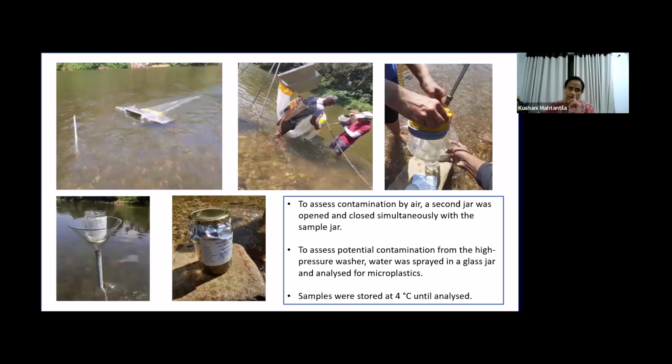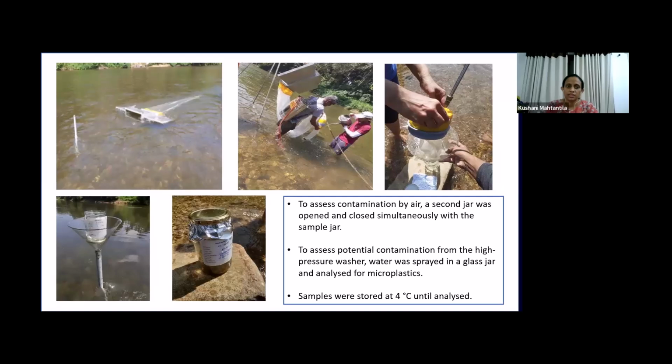This is how we collected water from the Kalani River using Manta nets. In the upstreams, we use a step-on system. We install a metal rod, and from that we use the Manta net and keep it for 30 minutes.